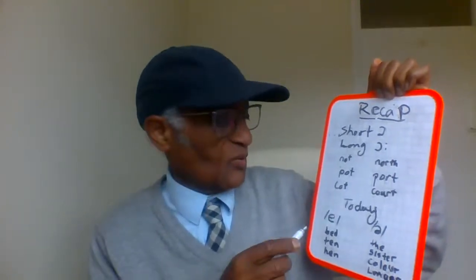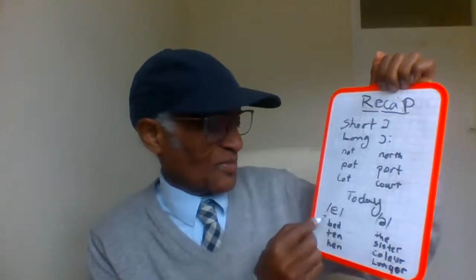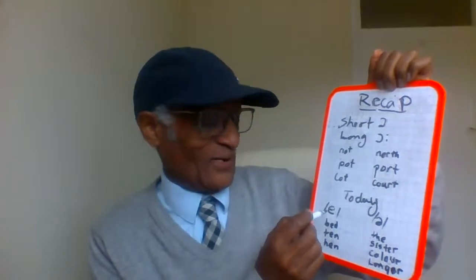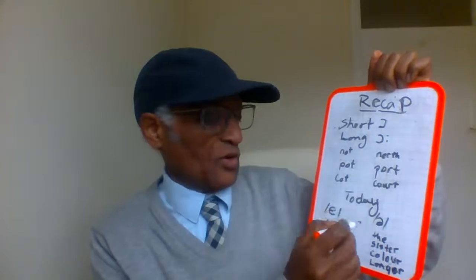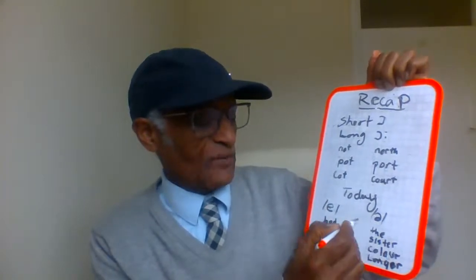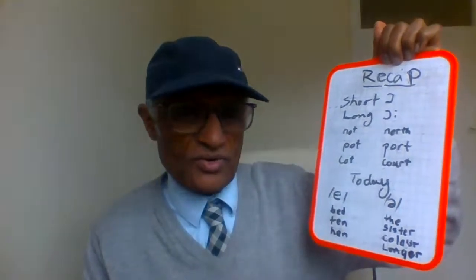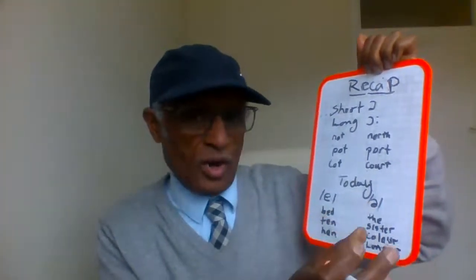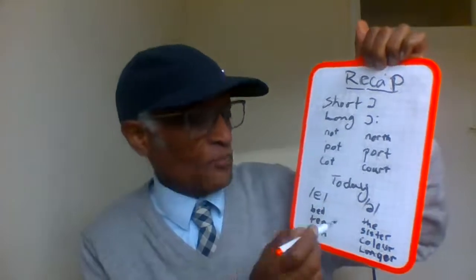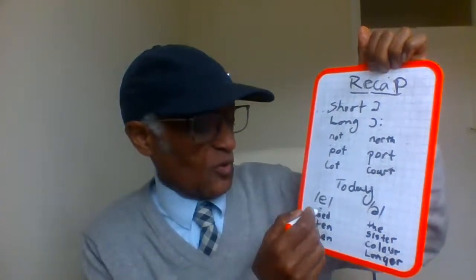And today we're looking at the strong e and the weak e. So this one we have done last time, as in father, sister, and short and long. But I brought it today just for comparison.